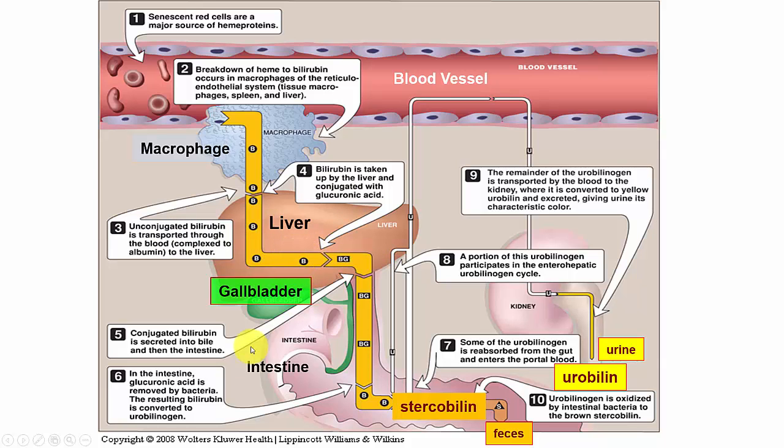The conjugated bilirubin is secreted in the bile duct where it goes into the intestine, and there it is converted to urobilinogen, and some of the urobilinogen gets retaken into the portal vein, goes into the blood, and the kidneys filter this out and convert it into urobilin that's seen in the urine. The rest of it goes to eventually bacteria metabolize it to stercobilin, and that winds up in the feces.